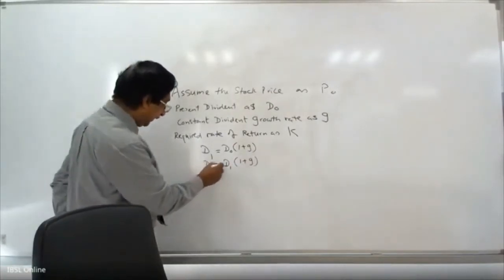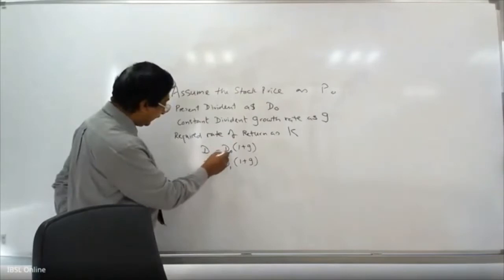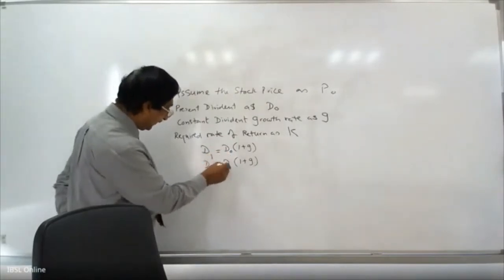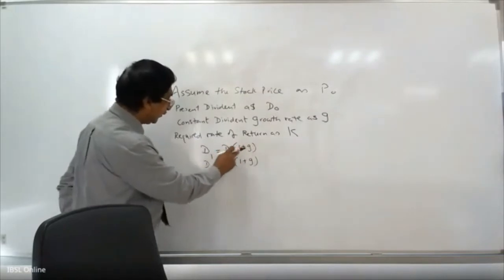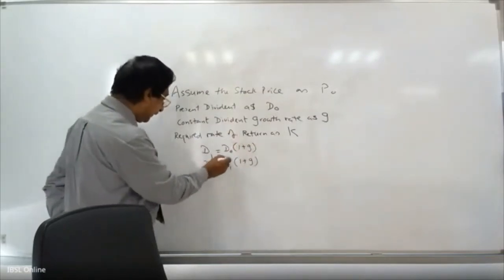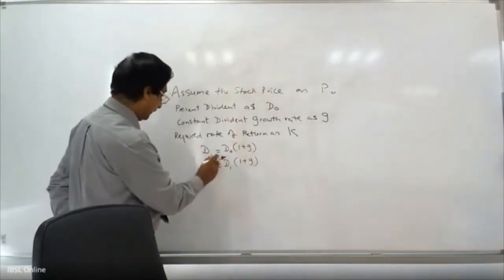Now, we need to get all these things in terms of D0 and G. So therefore, we can just replace D1.